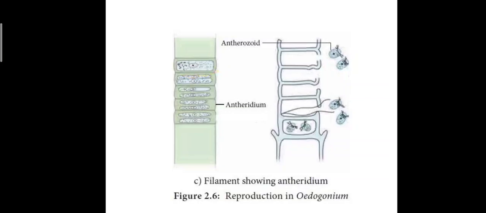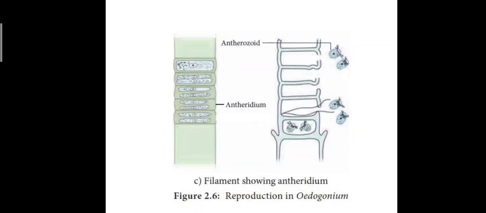That is, the protoplast of each antheridial cell divides either transversely or vertically to form two daughter cells, and the protoplasm of each of these daughter cells transforms into an anthrozoid, or spermatozoid.